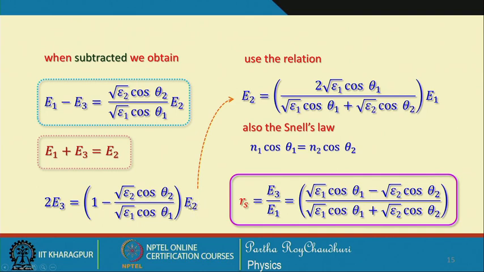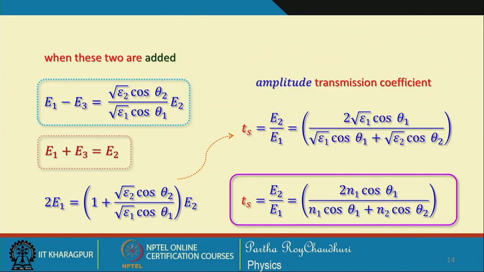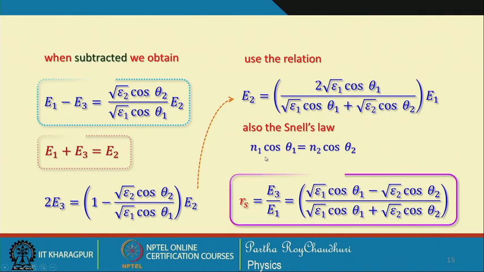So, I will have to replace this E2 in terms of E1, knowing the E2 E1 connection from the previous relation, that is the transmission amplitude. E2 and E1 are related in this way. Therefore, we can use that relation for E2 equal to this quantity times E1, and also from Snell's law we can write n1 cosine theta 1 equal to n2 cosine theta 2. Using this we can arrive at this equation.